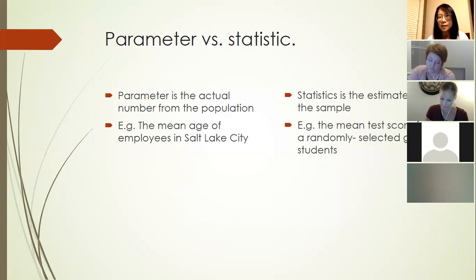And a statistic is an estimate from a sample. For example, if you randomly select 50 people walking on the street, ask them about their age, and take the mean age of those employees in Salt Lake City, then that's a statistic, because it's an estimate from the sample.